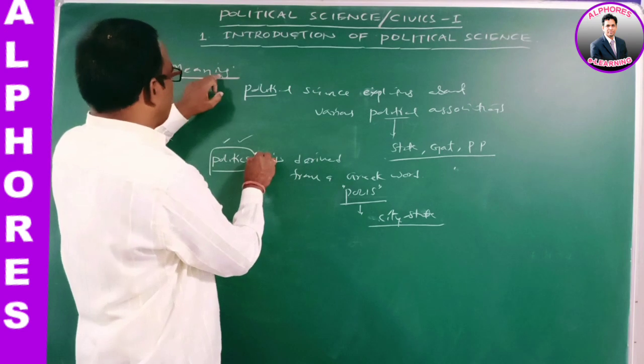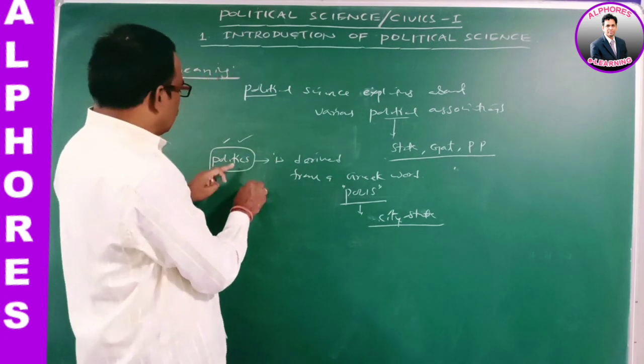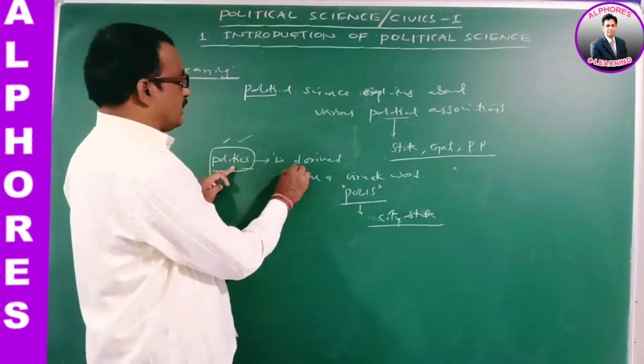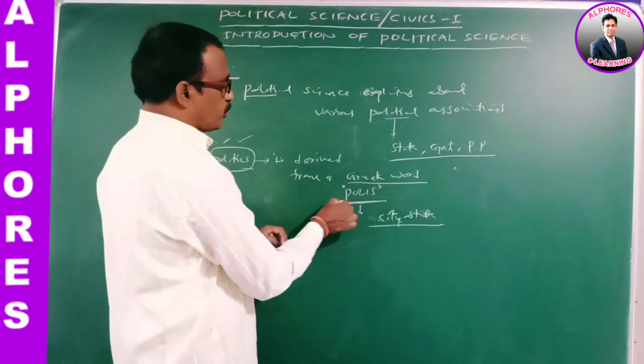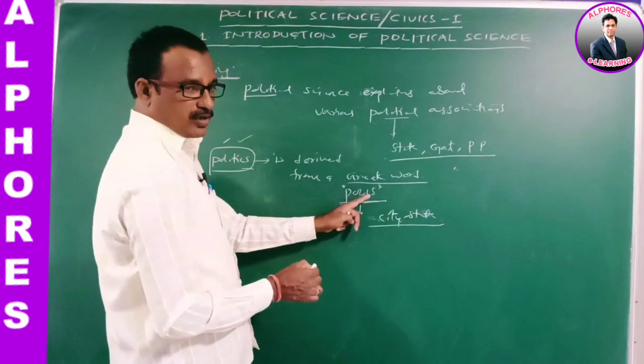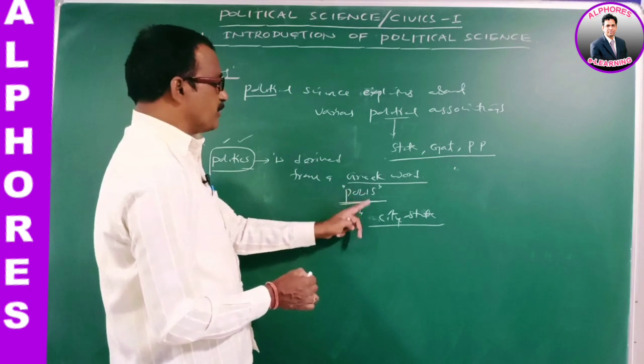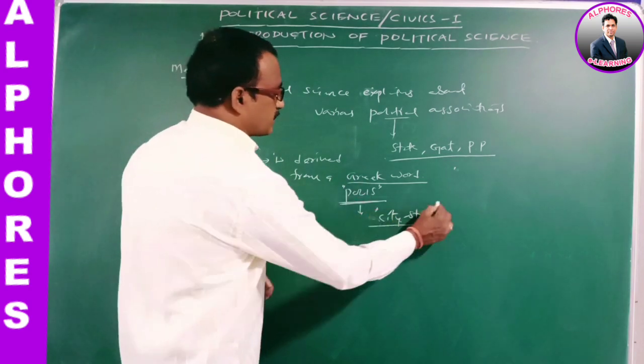The word politics is derived from which word? Greek word polis, P-O-L-I-S, not P-O-L-I-C-E. Polis means in Greek language city state.